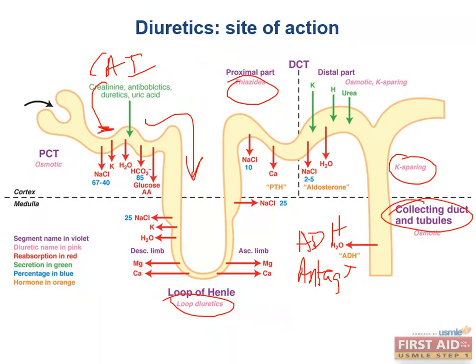Also keep in mind that all diuretics except the potassium-sparing and antidiuretic hormone antagonists will increase the excretion of potassium.